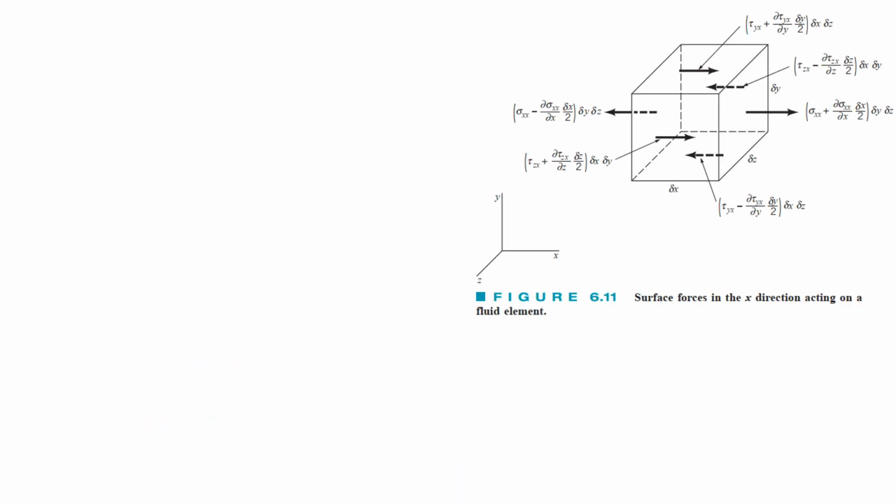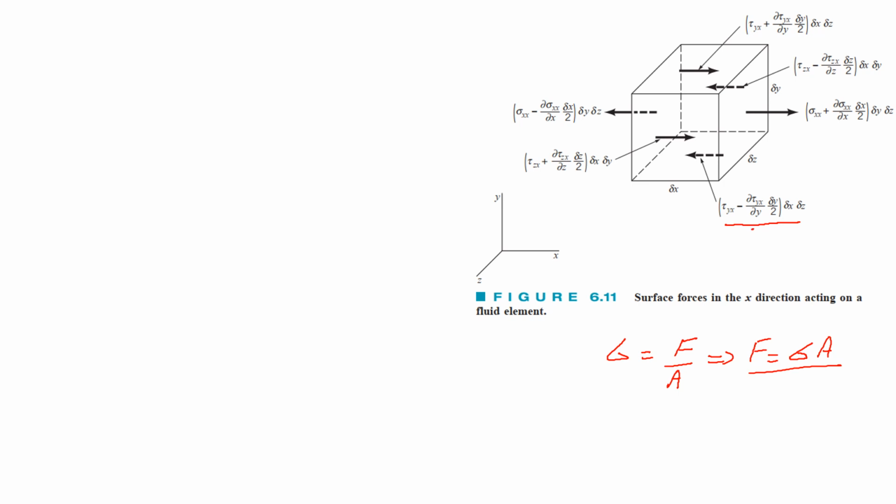So this is what we are going to do. We are going to represent these stresses in terms of our forces. As you know, stress is equal to force per unit area, so the force will be stress times area.